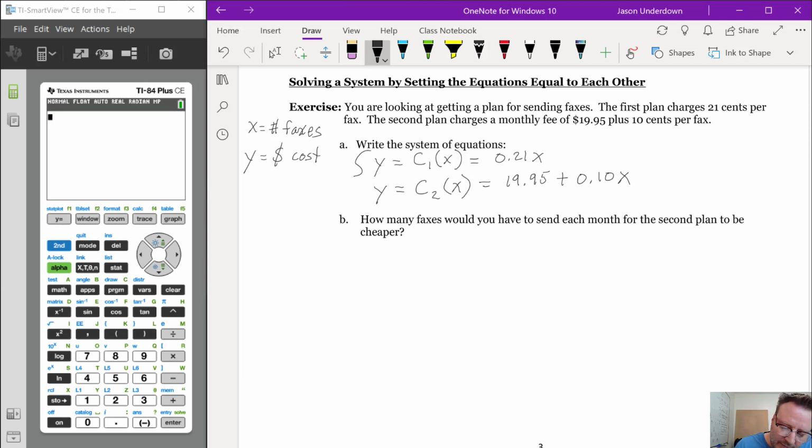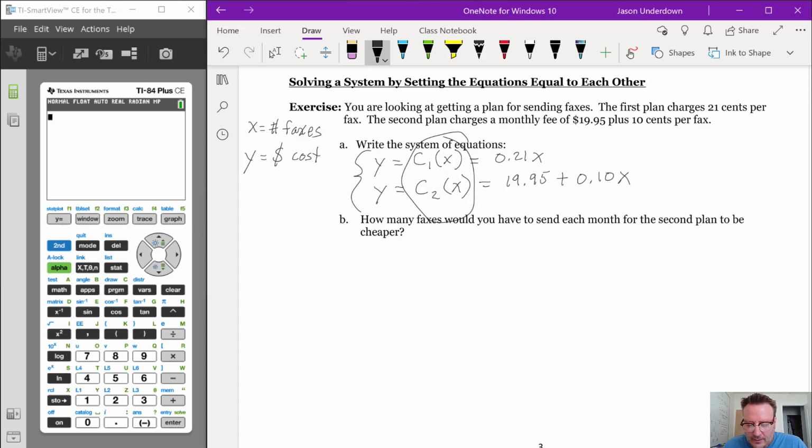That's a perfectly valid way to write a system of equations. Often, though, we'll leave out the portion where we give specific names to our functions. Okay, how many faxes would you have to send each month for the second plan to be cheaper?